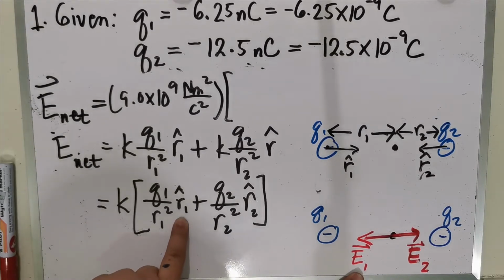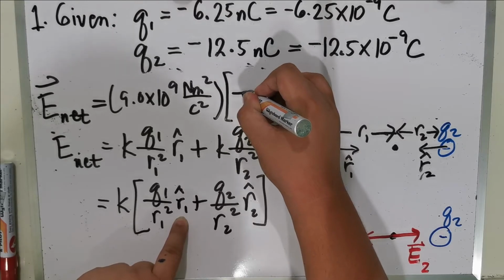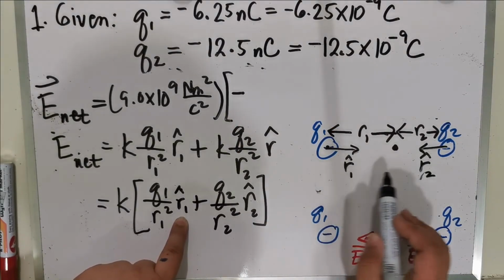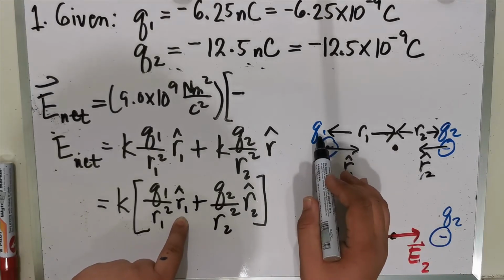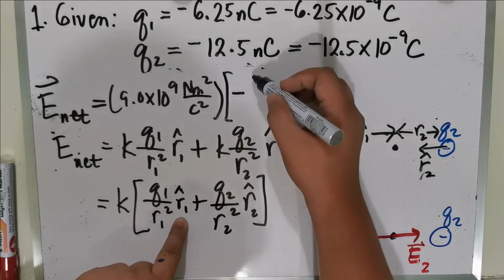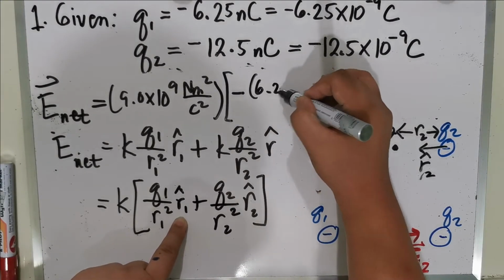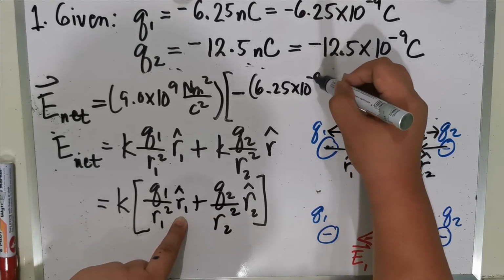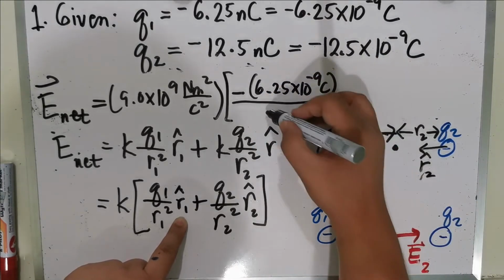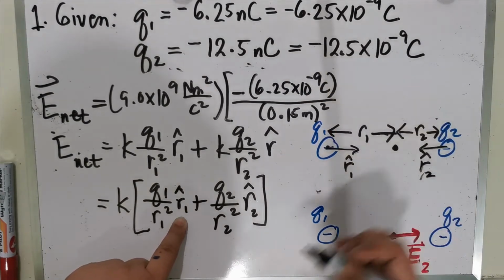So E1 is to the left, meaning to say you have negative here na sign. So negative na gyapon na siya kung tan-awon nimo, di ba ang R1 hat is padulong sa right. Ang Q1 is negative, so negative times positive, the answer must be negative. So this is Q1, which is now 6.25 times 10 to the negative 9 Coulomb all over ang distance R1, which is 0.15 meter squared.